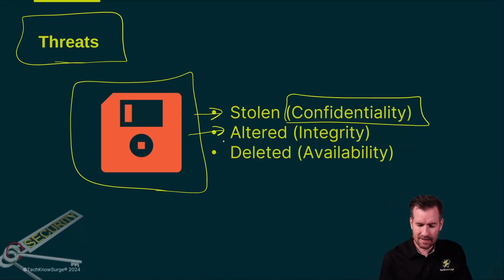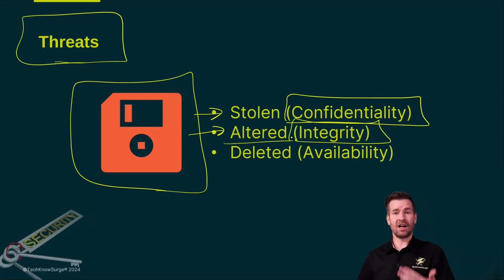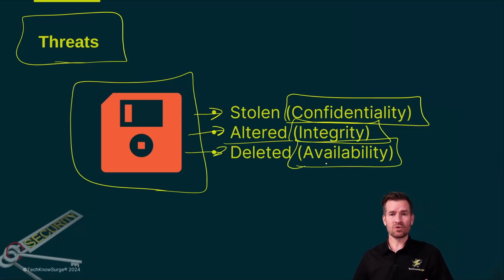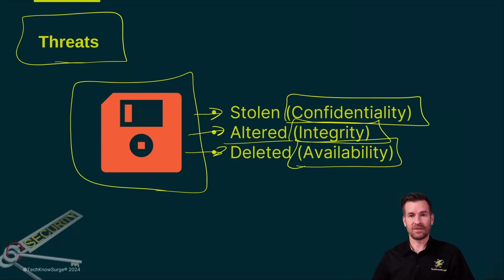Also, this data could be altered, and that's an attack on its integrity. And data that's altered and we can't rely on is obviously useless to us, so it loses its value. Or that data could be deleted. If it's unavailable to our users when it's needed, then obviously that data no longer has value to us.